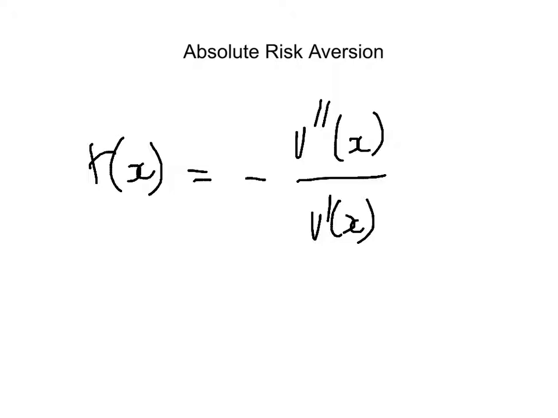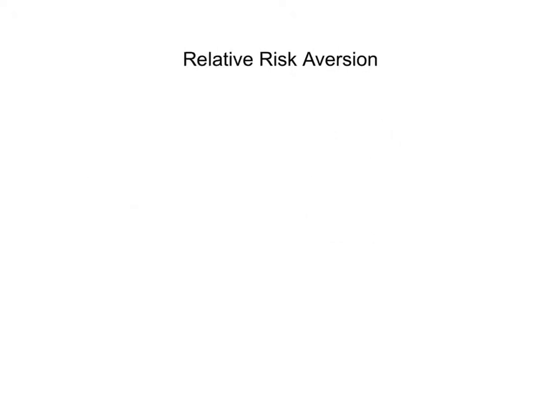We can also define the relative risk aversion. Now, with absolute risk aversion, the outcomes are conceptualized as absolute gains or losses in terms of absolute amounts from current wealth. But instead, we can also evaluate outcomes as gains or losses in terms of percentages of current wealth.